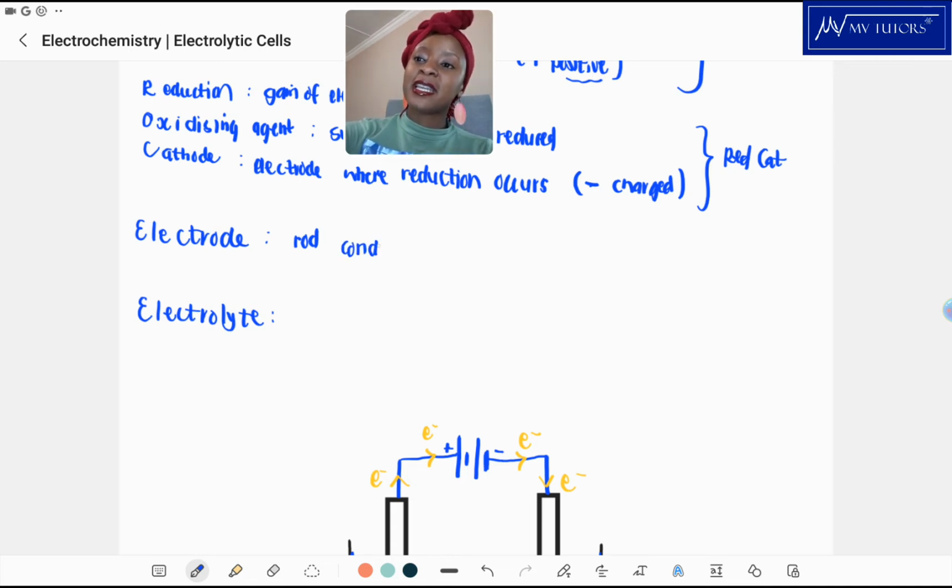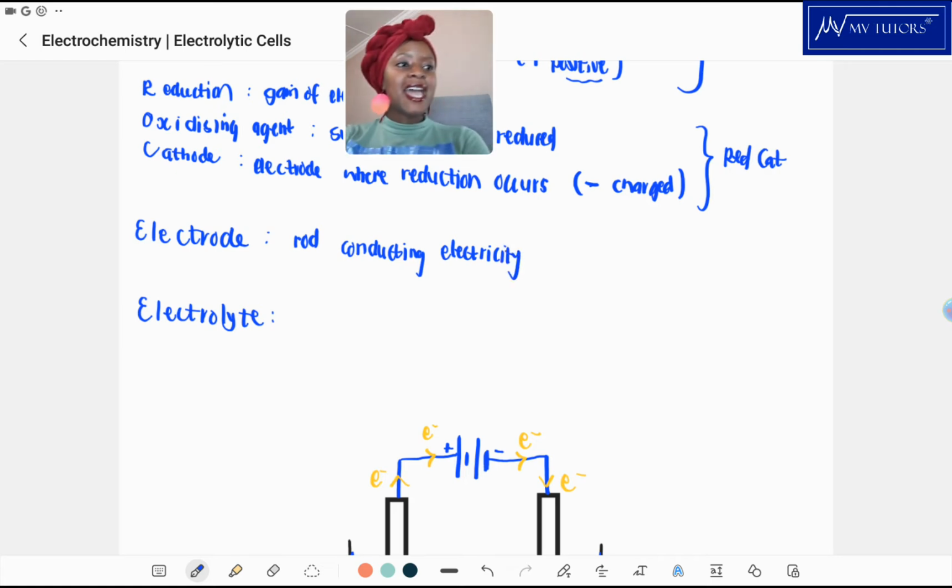So it's a rod conducting electricity, and like I said, it is placed inside an electrolyte.